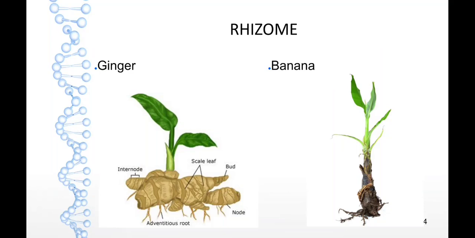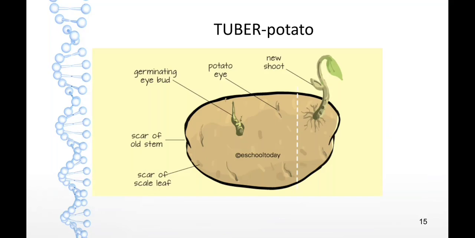You know that a stem may contain node and internode. In the rhizome of ginger and tuber of potato, you can see the node and internode very clearly. In potato, the node is termed as the eye of potato, and from each eye, new plantlets or new shoots emerge.